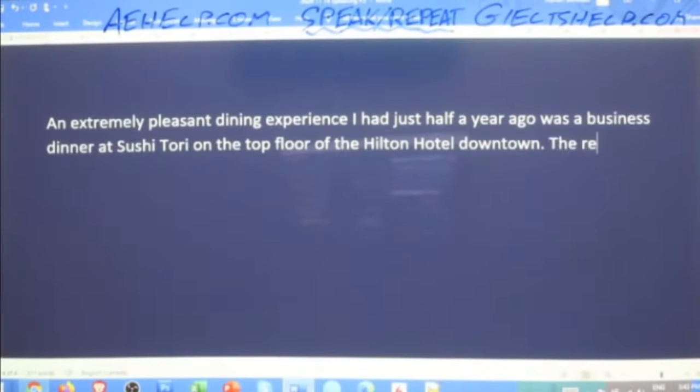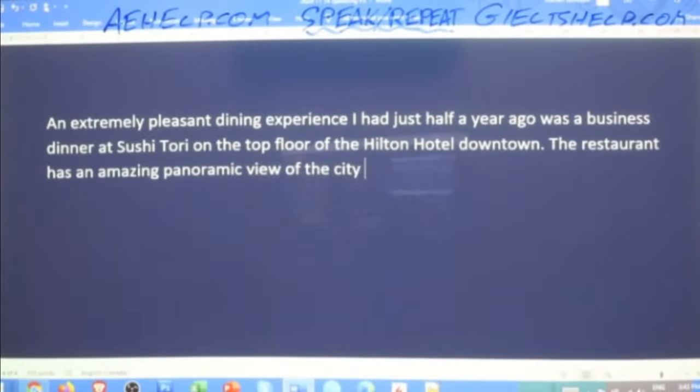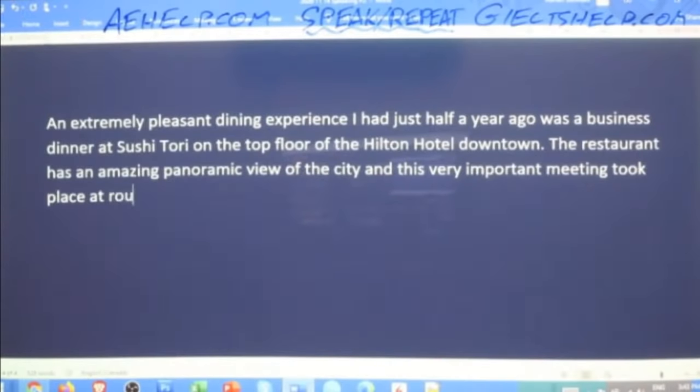The restaurant has an amazing panoramic view of the city, and this very important meeting took place at around 1 p.m. on a Monday, a week before my birthday.